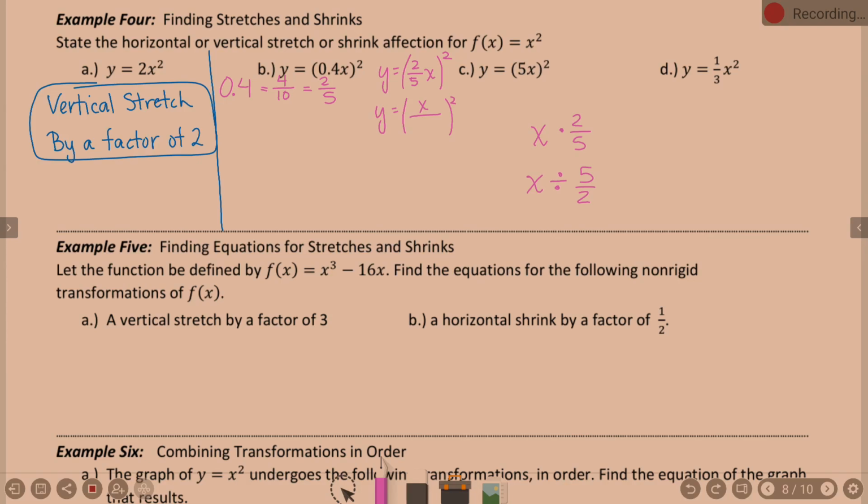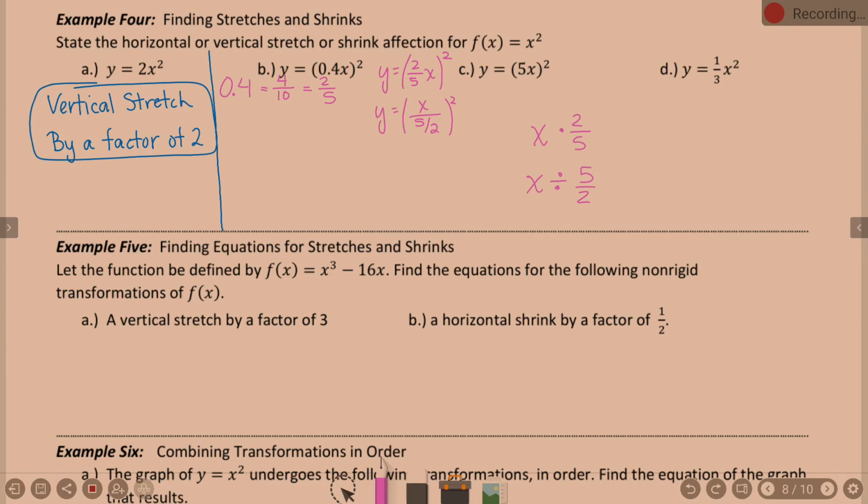Could we move this way instead? And I'm trying to get you somewhere, okay? So what I'm saying is that 2/5 times x is the same thing as saying x divided by 5/2. So in order to be able to argue the horizontal aspect, we need to see the appropriate setup. The appropriate setup there is the fact that it's x divided by the value 5/2. Now, let's revisit horizontal stretch or shrink, and by what factor?